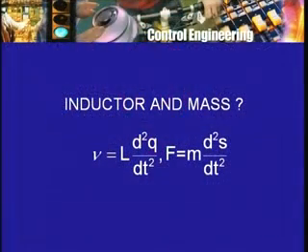If for charge I use the symbol Q, then current itself is the derivative of charge flow, and therefore voltage of the inductor will be L times the second derivative of the charge. Now this begins to look like the mass equation, F equal to m d square s dt square.